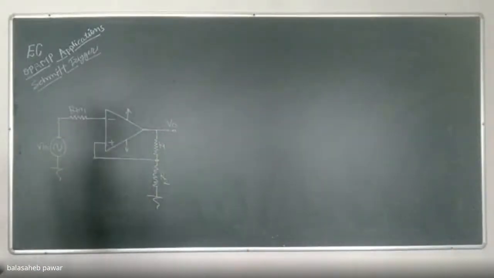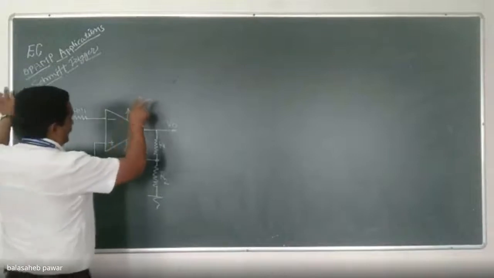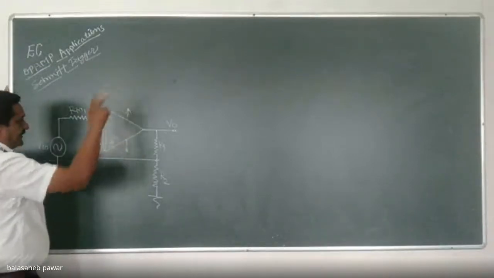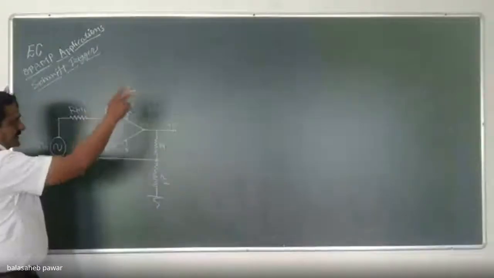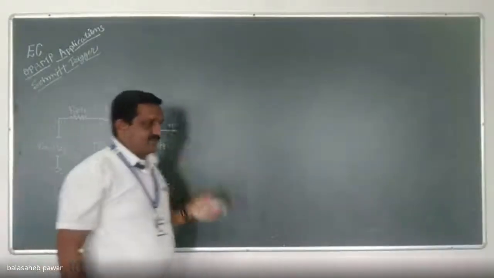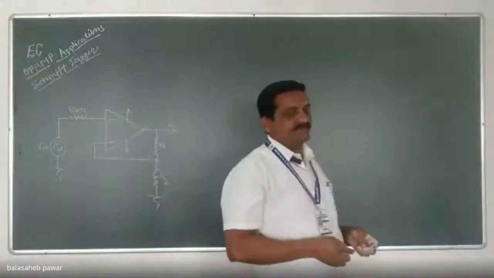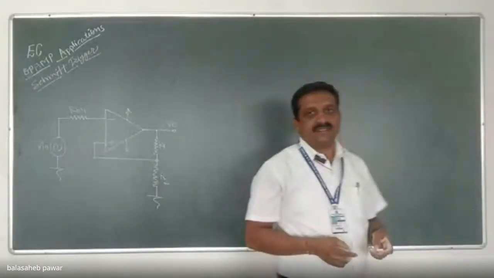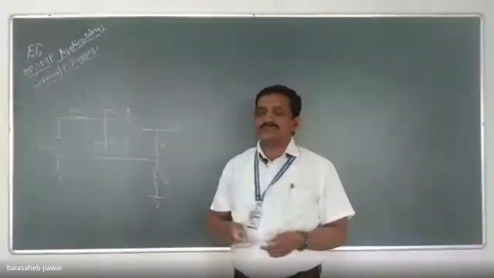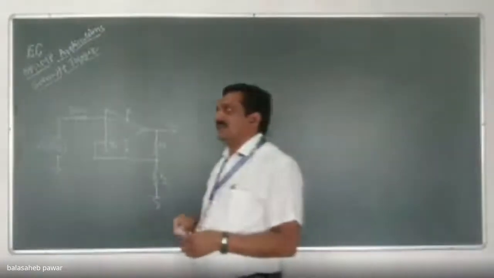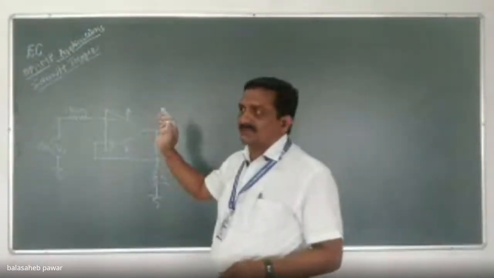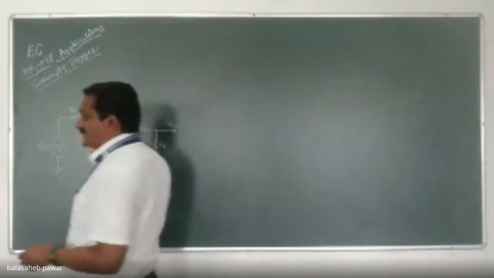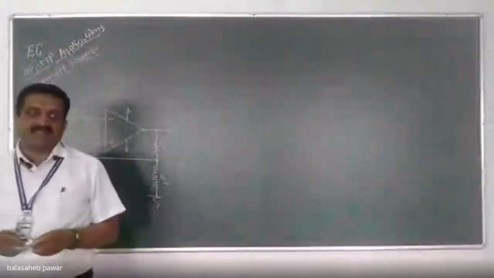See, if the output of this circuitry initially is, we can say, plus Vsat, right? Initially, even if that input signal is at zero potential, still practically there is somewhat of an output, which is due to the offset voltage, right?